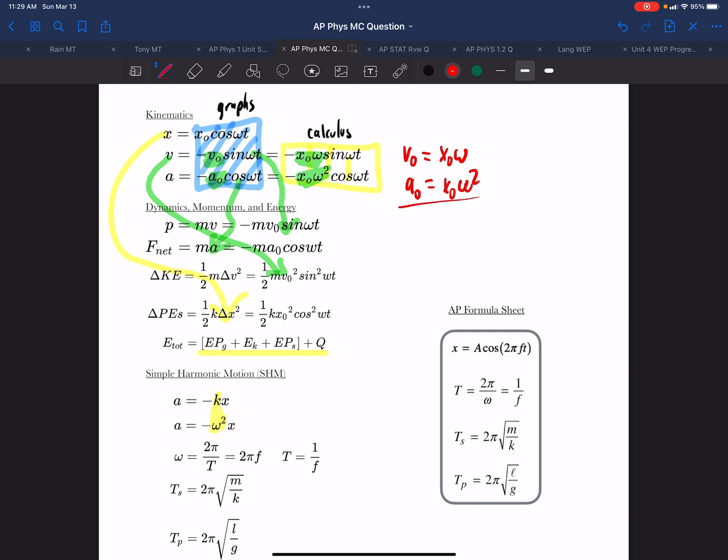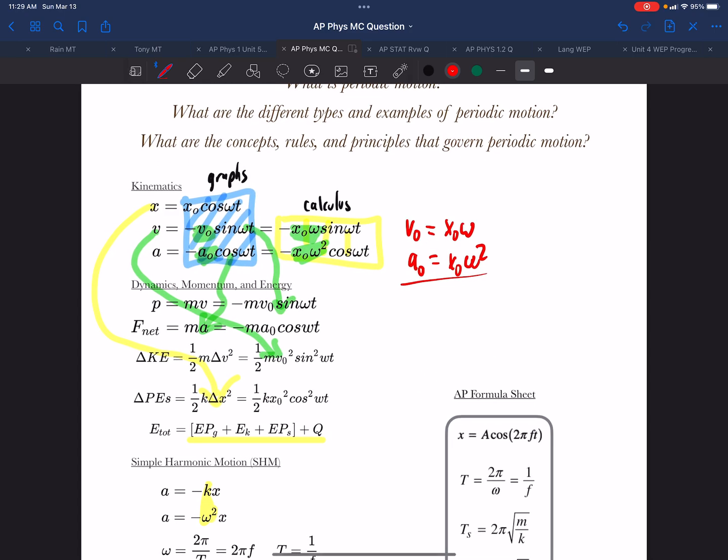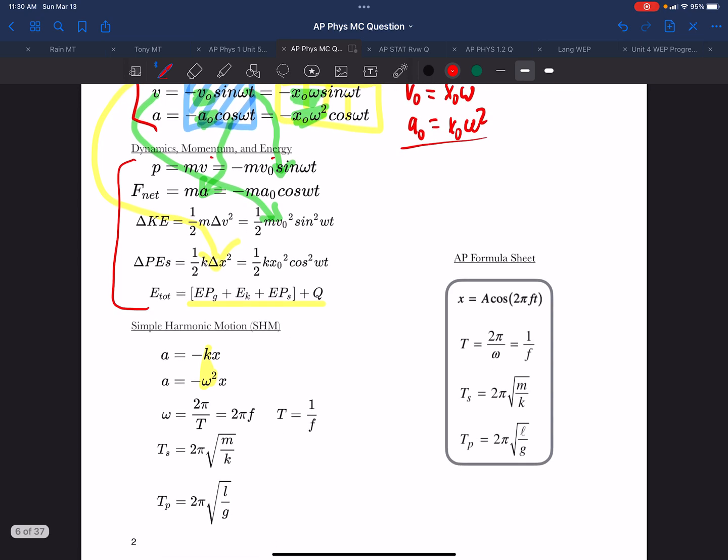So those are things to remember. So there are a lot of formulas there. Most of them are just simply applying the kinematics equations and substituting those into the formulas in dynamics, momentum, and energy. There are some unique ones that relate to definitions. Definition, definition, definition. And this is a relation derived from some that are worth being familiar with.